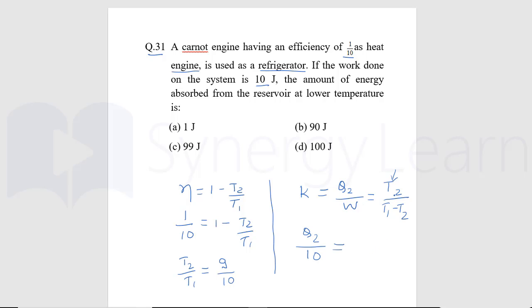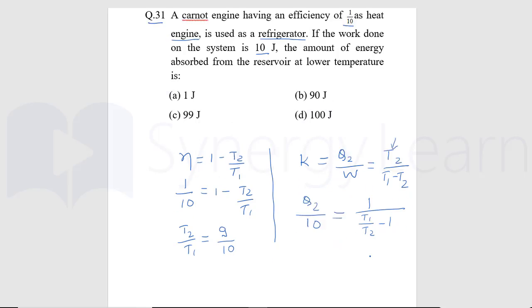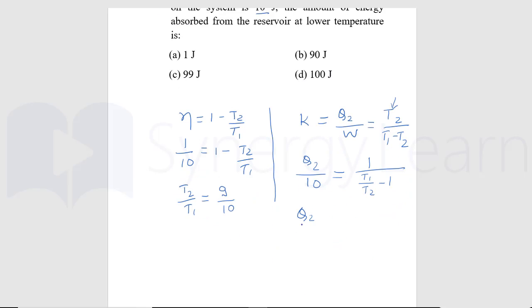So, bring this T2 in denominator, we will have 1 divided by T1 by T2 minus 1. So, Q2 by 10 is 1 by T1 by T2 minus 1, T2 by T1 is 9 by 10. So, T1 by T2 will be 10 by 9 minus 1, or Q2 by 10 is 9 divided by 1, or Q2 is 90 joule.